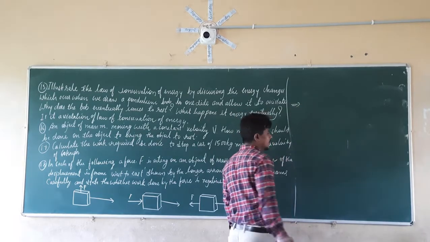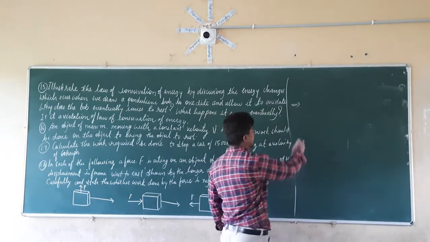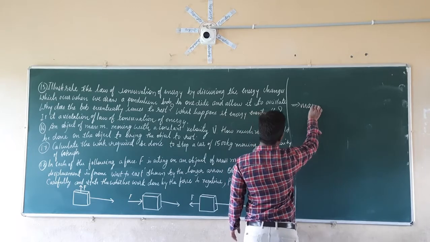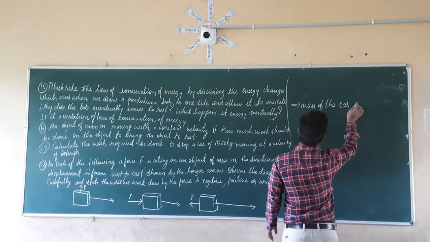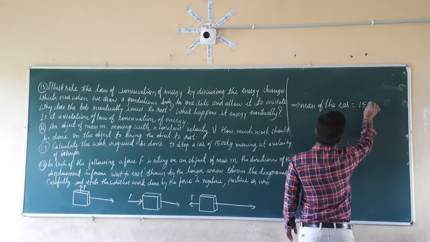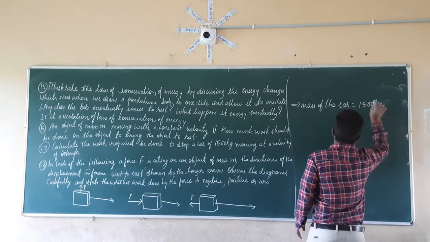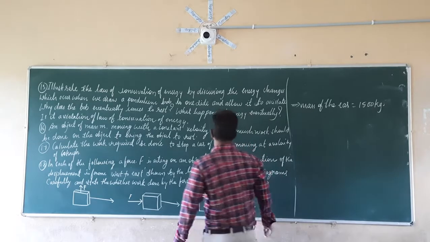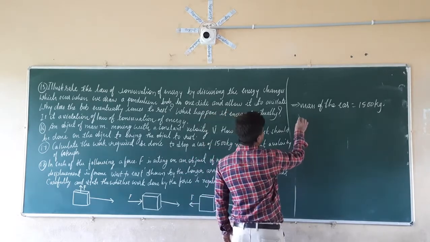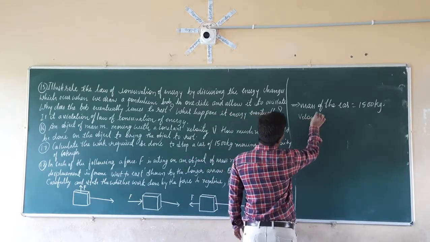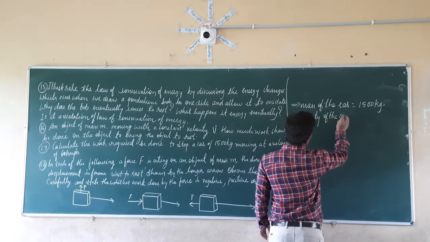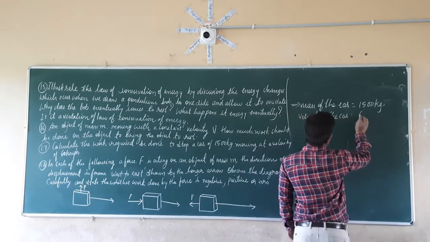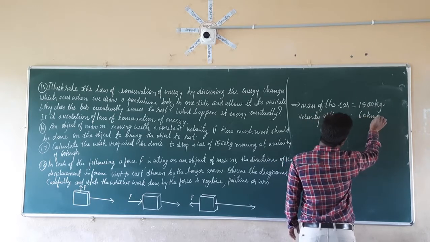The mass of the car is equal to 1500 kg. Right. Next, they have given the velocity. Velocity of the car is equal to 60 km per hour.